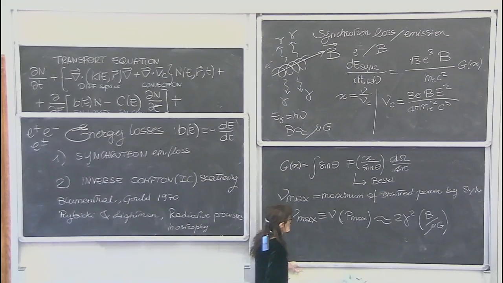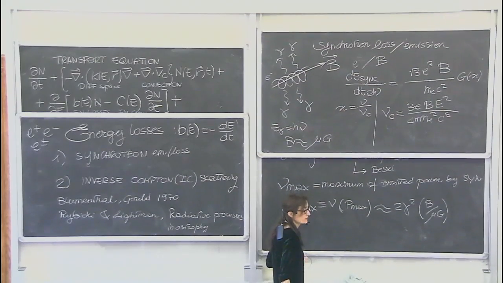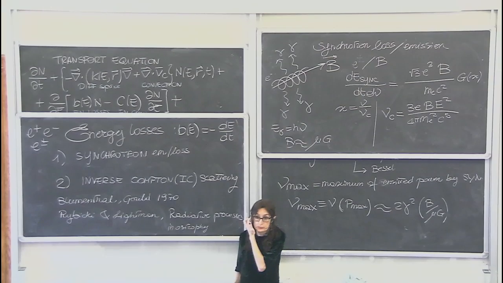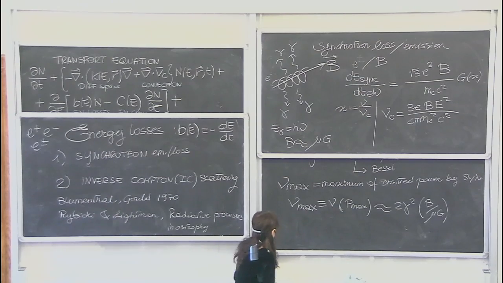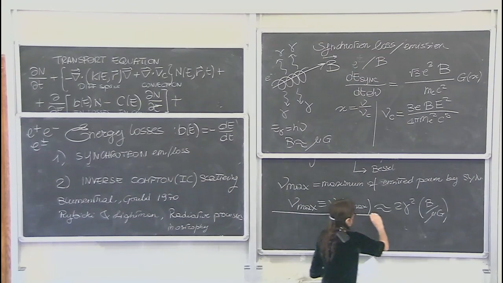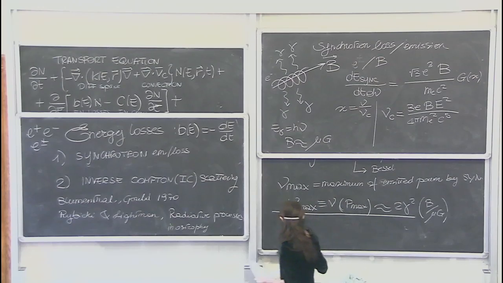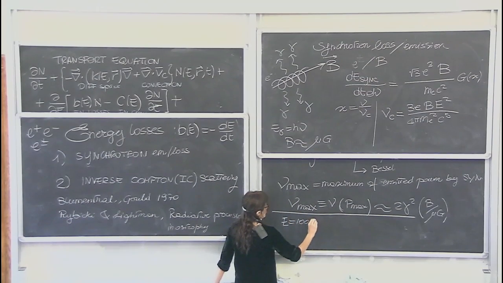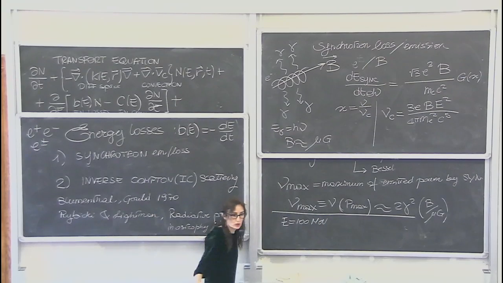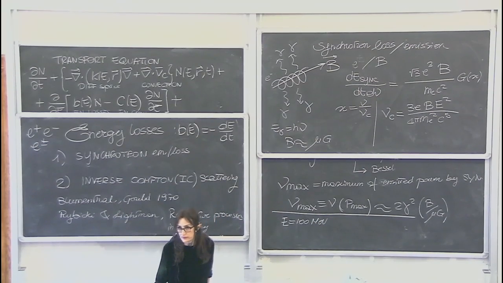So now you can take maybe a few minutes of your time to compute yourself at which frequency you expect it. I already gave you some hints. Imagine to have electrons at 100 MeV. You know the gamma, it is the Lorentz factor.